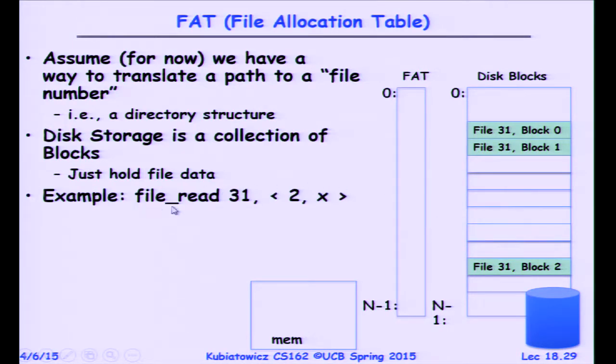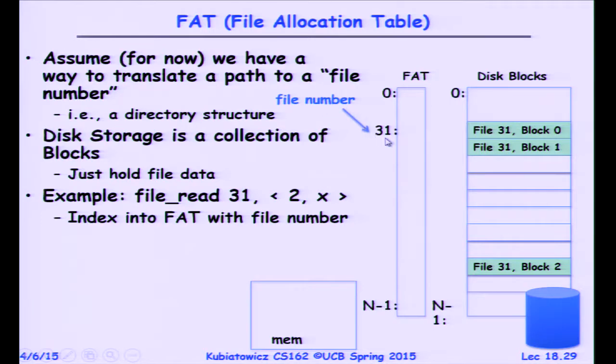And so, for instance, suppose that we're interested in reading file number 31, block 2, offset X, whatever that is, call it byte 3. What we need to do is somehow find this block and go to offset X to read it. And how do we do that? Well, we index into the file allocation table with the file number 31.